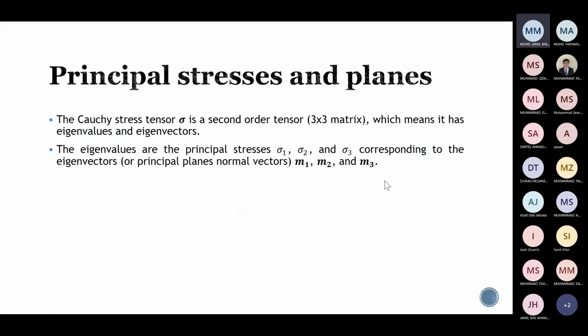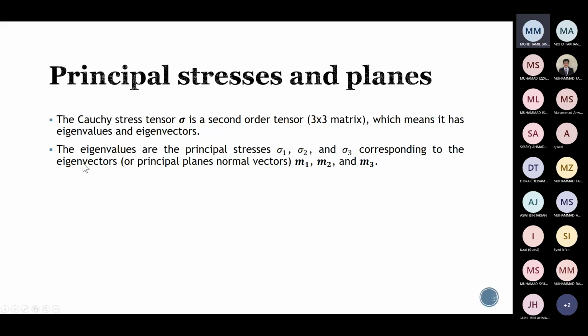Now we have learned about the Cauchy stress tensor, and now we look at how to determine the principal stresses and the principal planes of the stress tensor. We know that the Cauchy stress tensor sigma is a second order tensor or 3 by 3 matrix, and a 3 by 3 matrix will have its own eigenvalues and eigenvectors. The eigenvalues of the stress tensor are the principal stresses, sigma 1, sigma 2, and sigma 3.